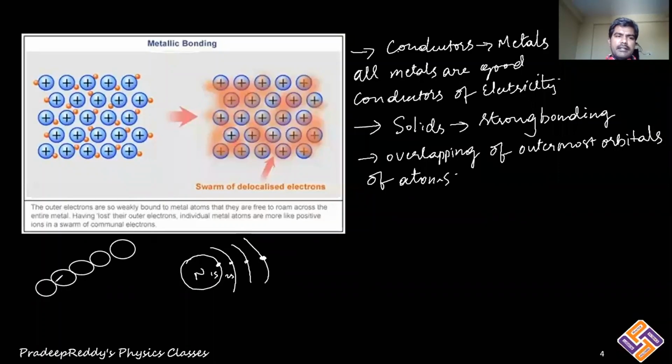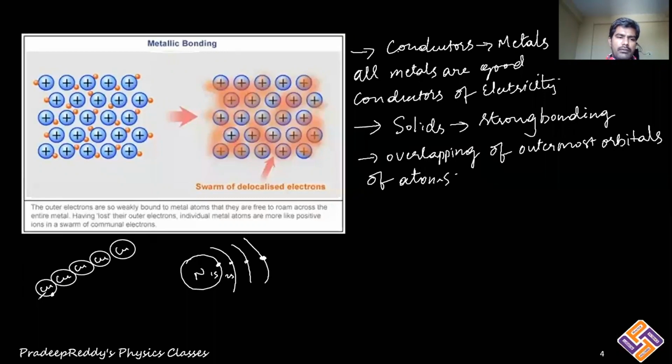As a result, one electron from one atom, suppose if I take copper, here is a copper atom, here is another copper atom, and here is another. The outermost orbital energy of all these copper atoms is equal.